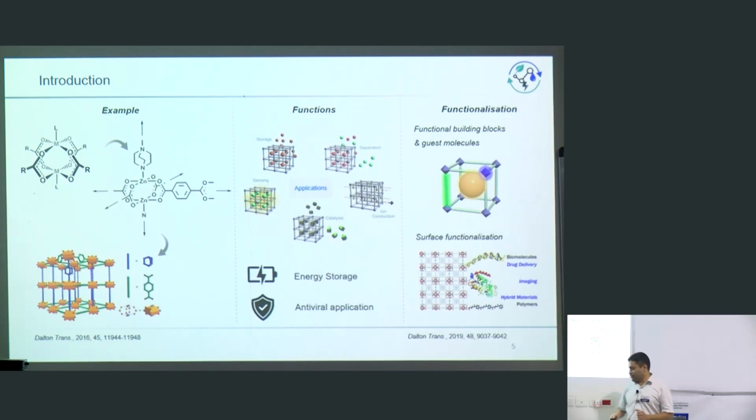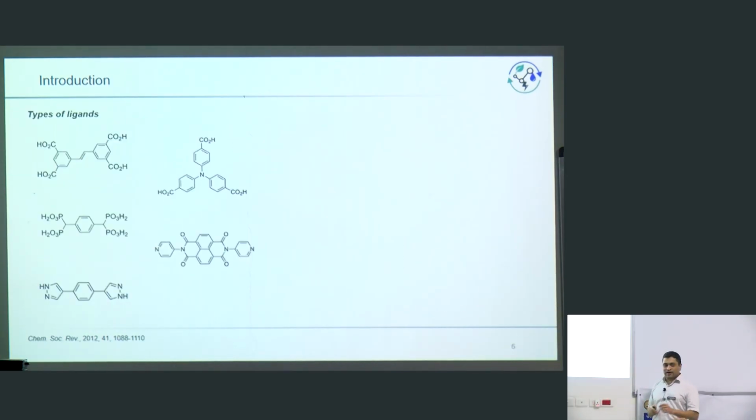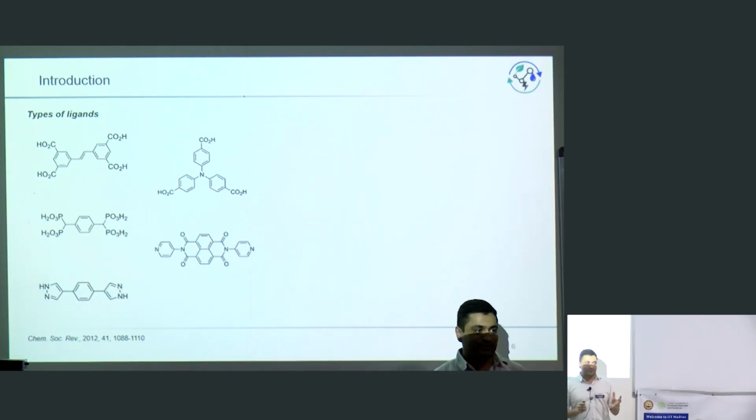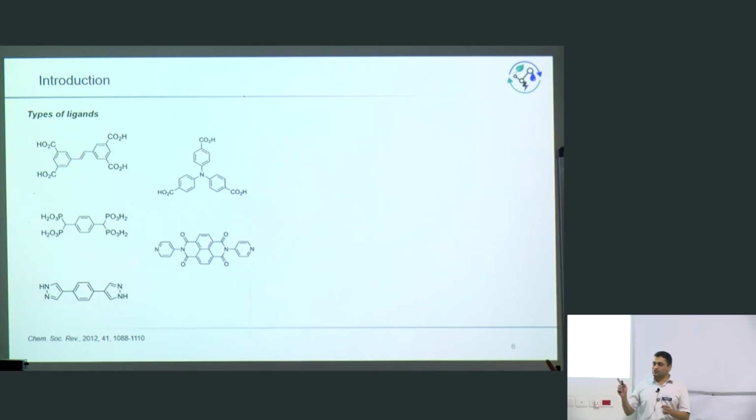So at the beginning, I said that the building units have to be very symmetric, right? So I've just chosen a selection of organic ligands that have been reported in the literature. When the field started to emerge, people started to work on the pyridyl kind of groups, which are electronically neutral ligands.